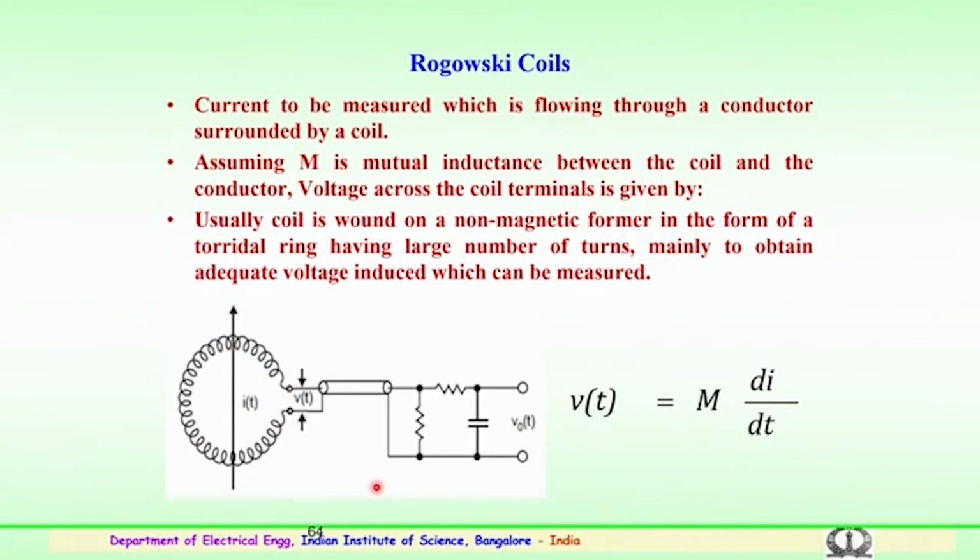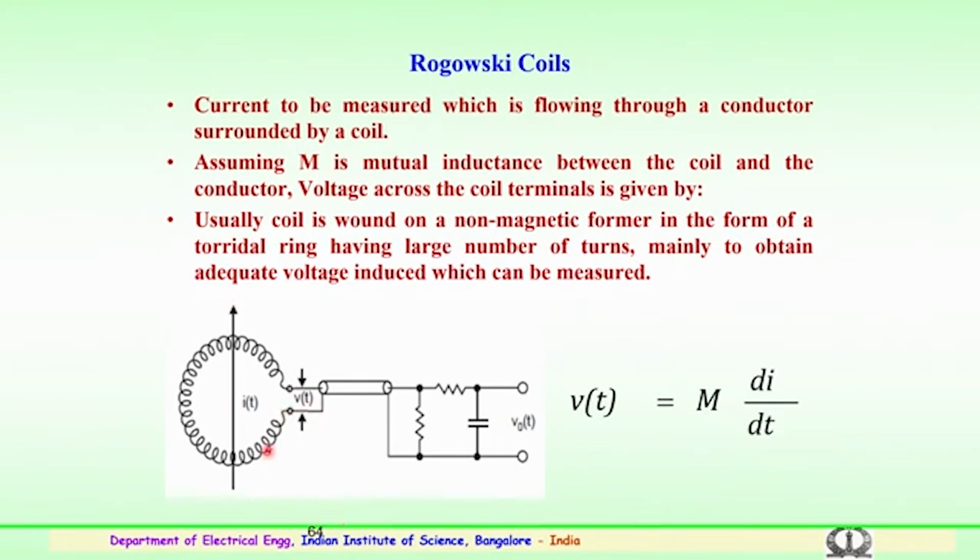So, assuming M is the mutual inductance between the coil and the conductor here, the voltage across the coil terminals is given by Vt equal to M, the mutual inductance, into di by dt. Usually the coil is wound on a non-magnetic former in the form of a ring.